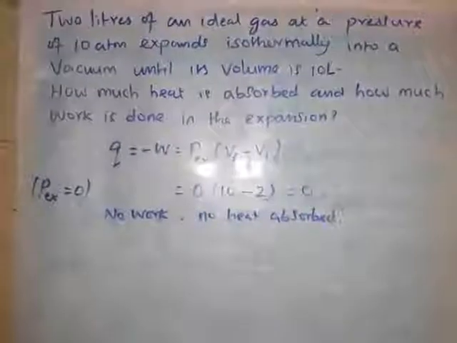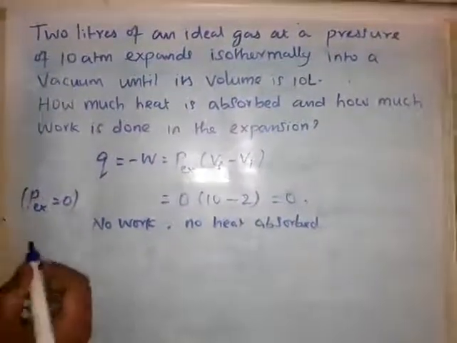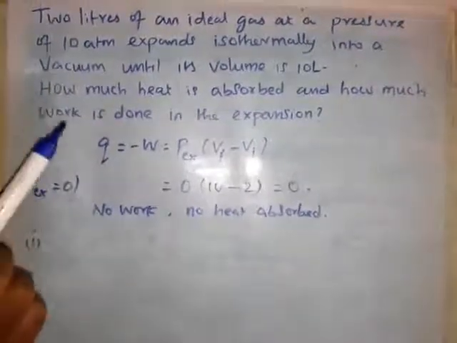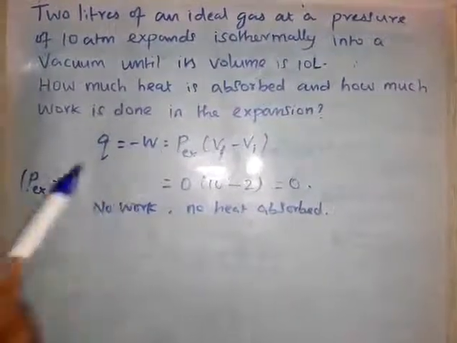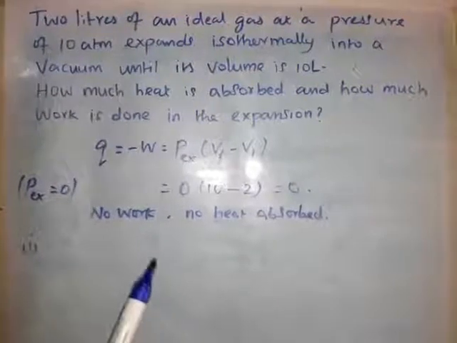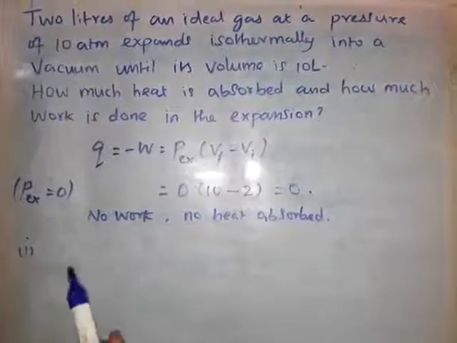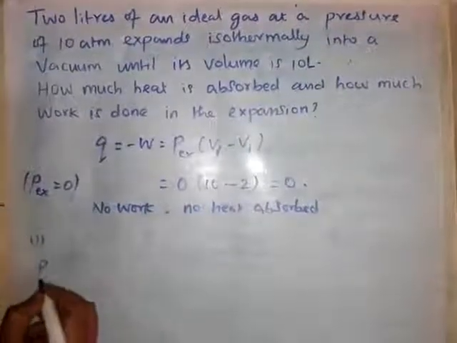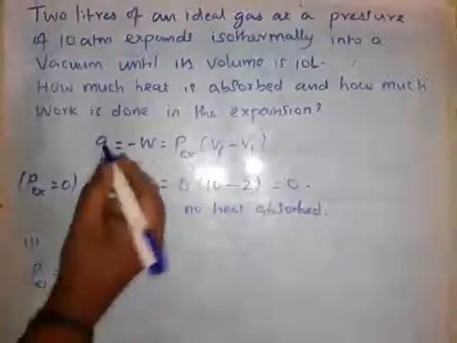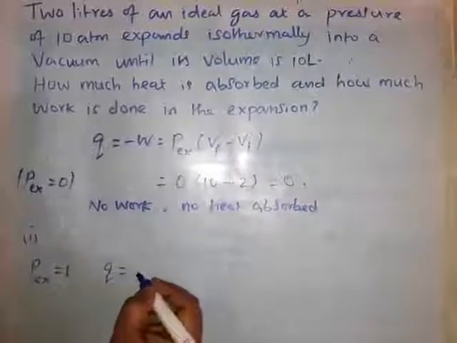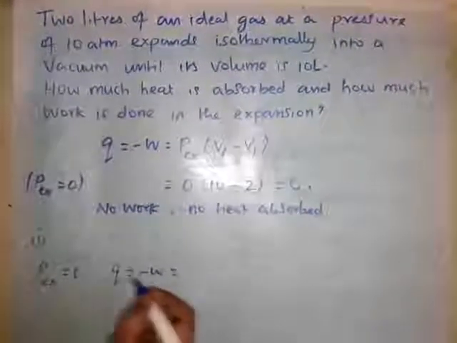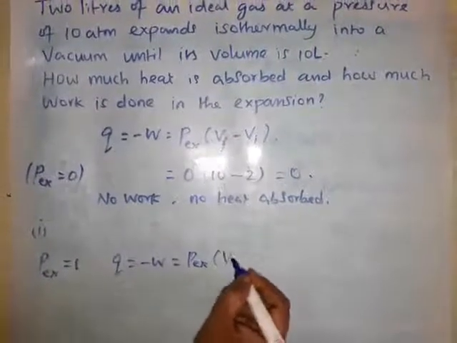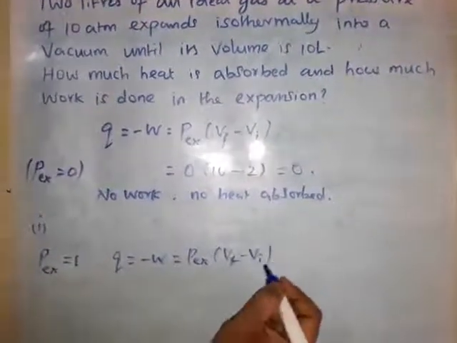Then see, consider the next, here same problem. Consider the same expansion but this time against a constant external pressure of 1 atmosphere. Suppose the external pressure is 1, the same formula applies: Q is equal to minus W, P external times volume final minus volume initial.